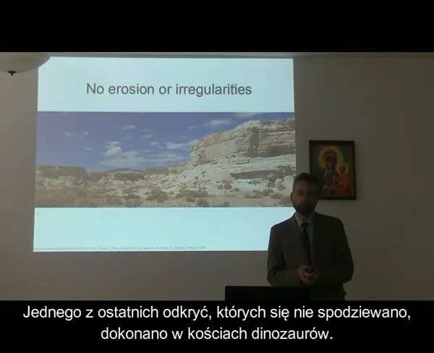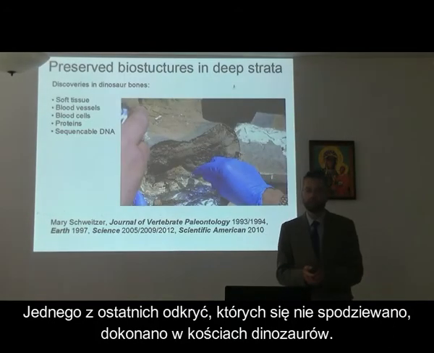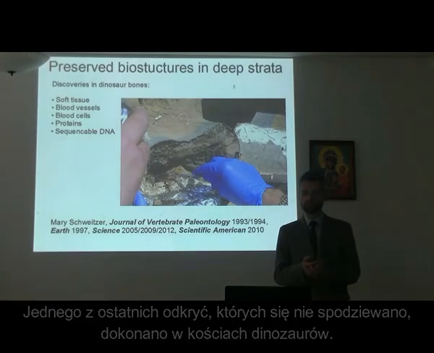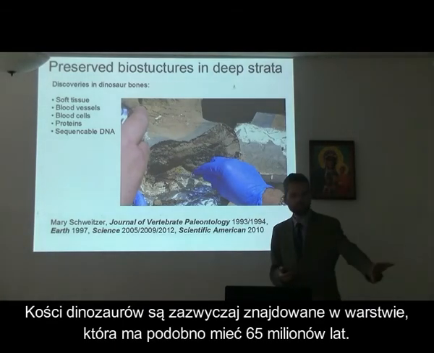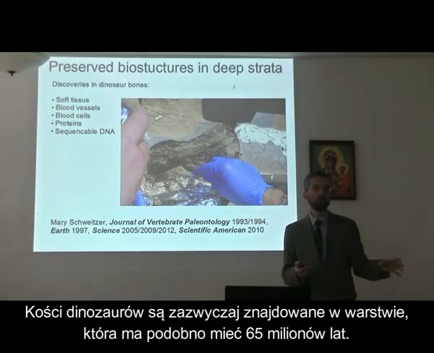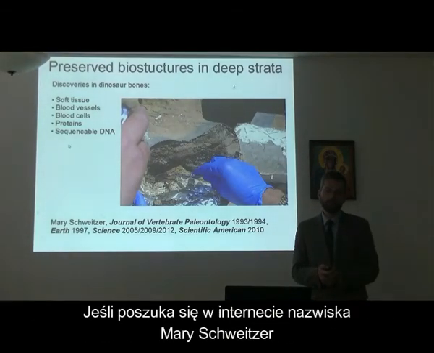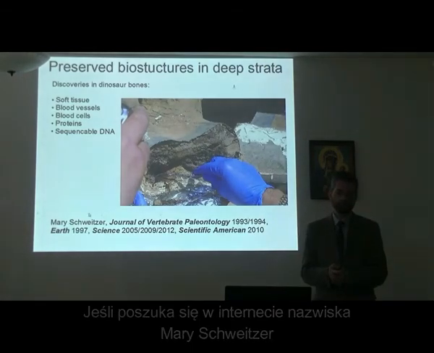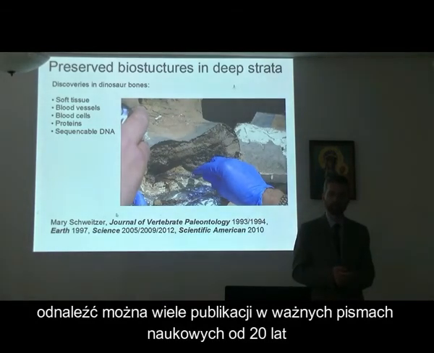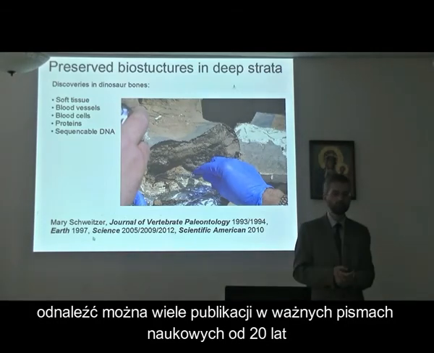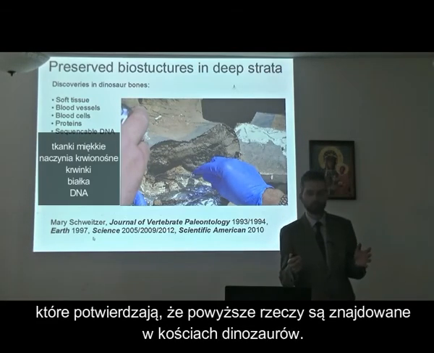And one recent result, which was very unexpected, was a finding in dinosaur bones. Dinosaur bones are usually found in strata which are supposed to be 65 million years old. And if you go to the internet and search for the name Mary Schweitzer, you find many publications in important scientific journals over 20 years which confirm that these things can be found in dinosaur bones.